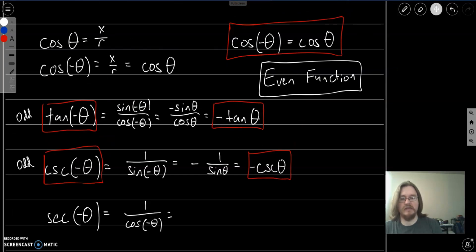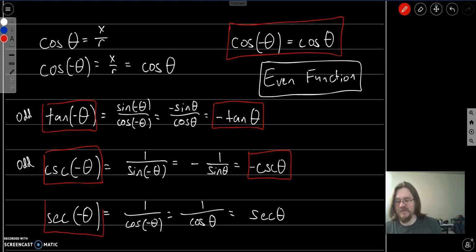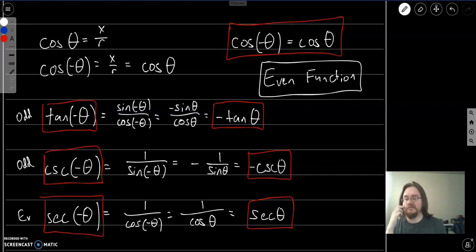It's the same thing either way. So let's write it without. So this is just going to be the cosine of theta. And oh hey, look, 1 over the cosine, that's the secant. So the secant is another function that if you plug in a negative angle, it's the same thing as just plugging in that positive angle. So this is an even function.